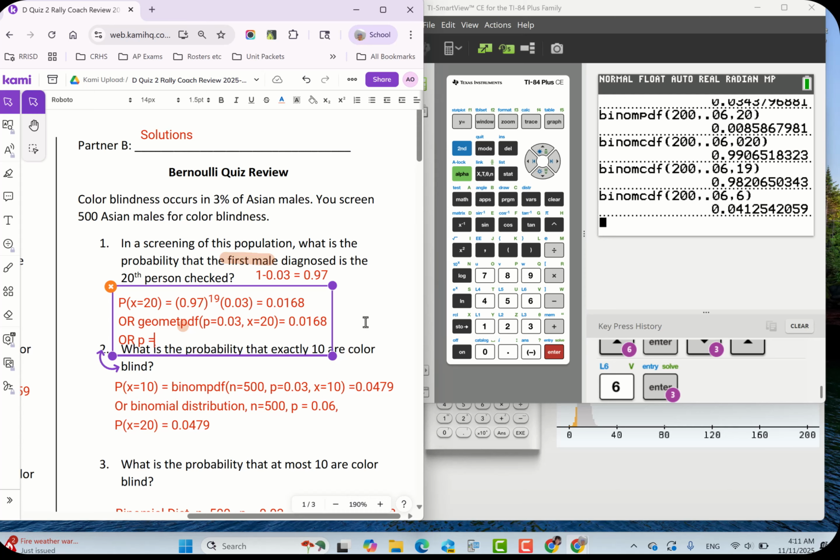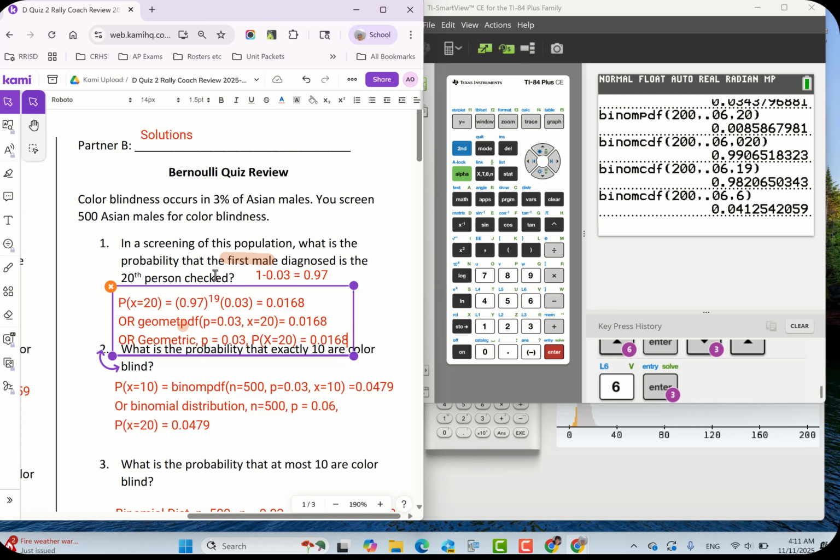P equals 0.03. And then you tell me what distribution first. Probability x equals 20 is 0.0168.